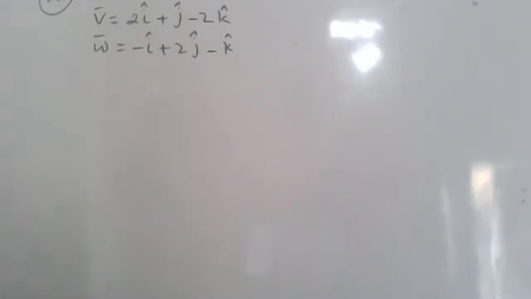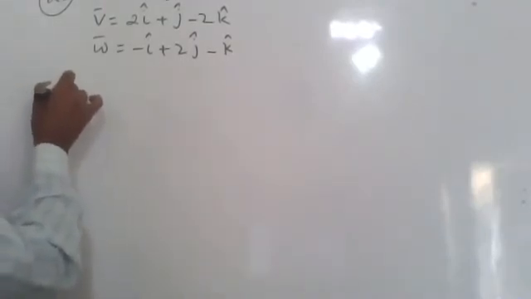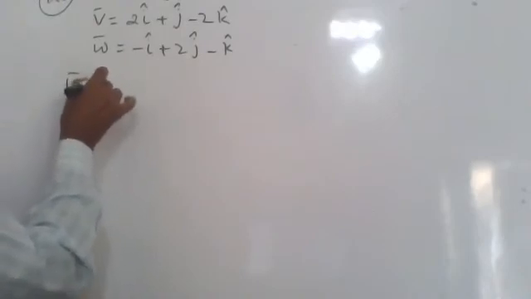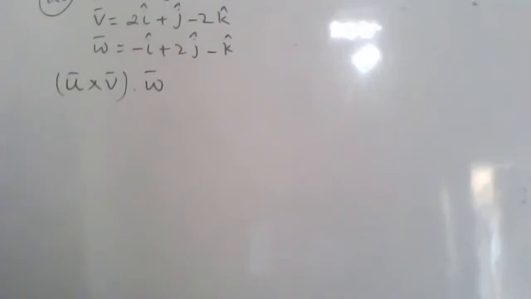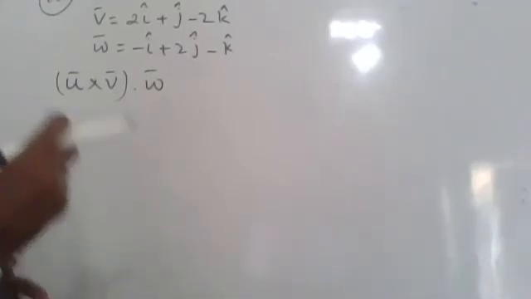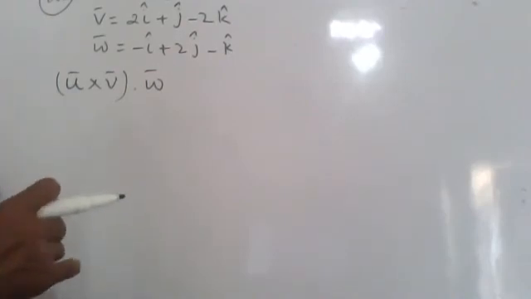So first of all we have to find U cross V dot W. The cross product is found as usual by the determinant method.